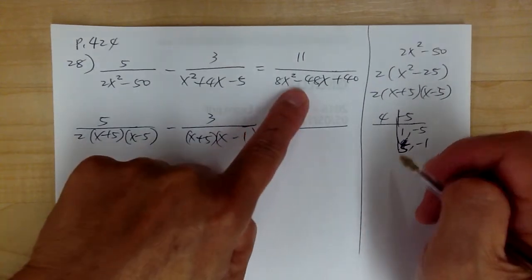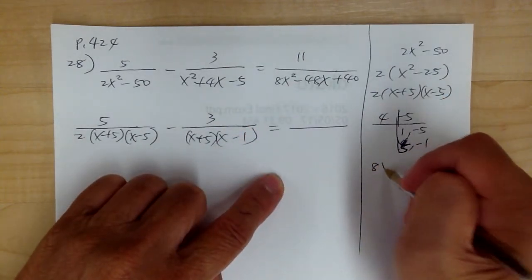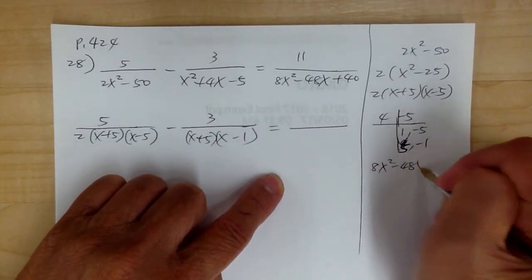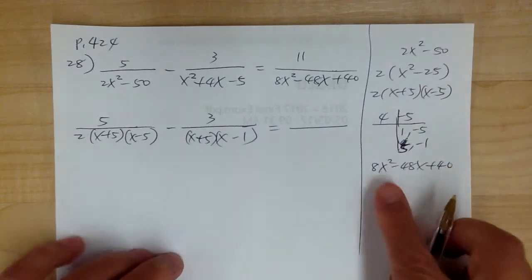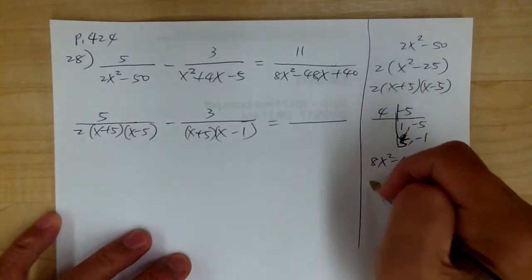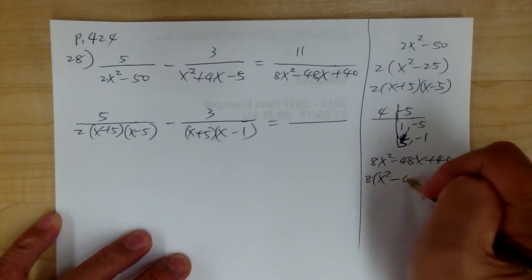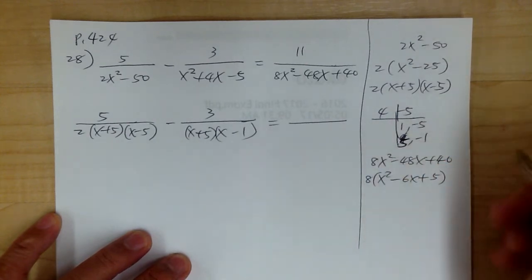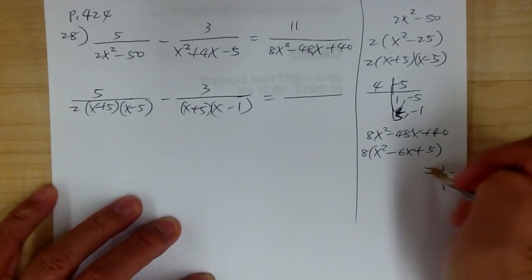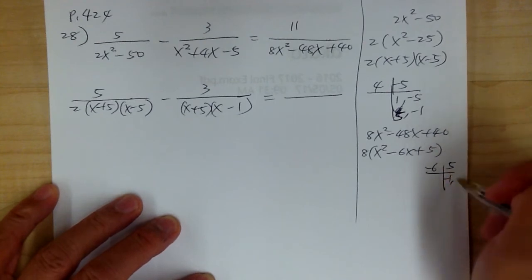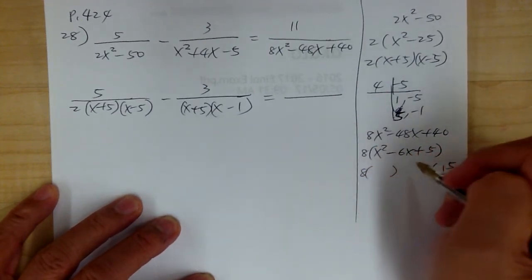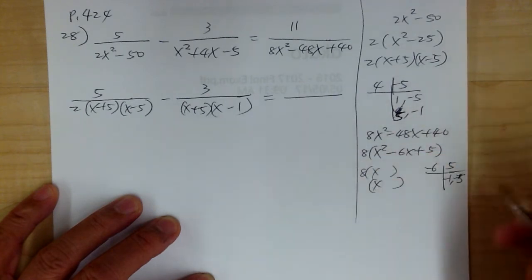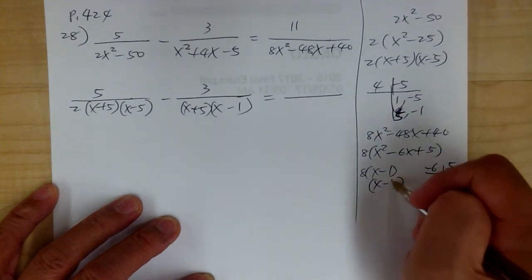Okay, then this one, again, this one is a little bit messy. So step 1, common factor, you can factor out the 8. And then you can do the master product, -6 and 5, so -1, -5. So it'd be -1, -5.